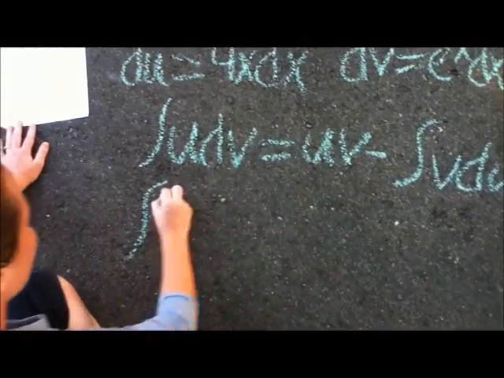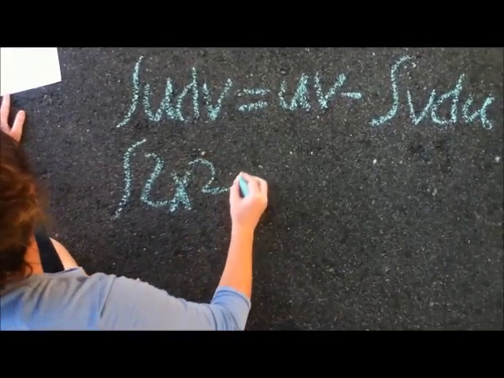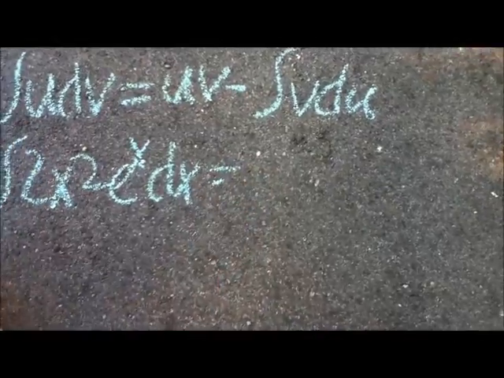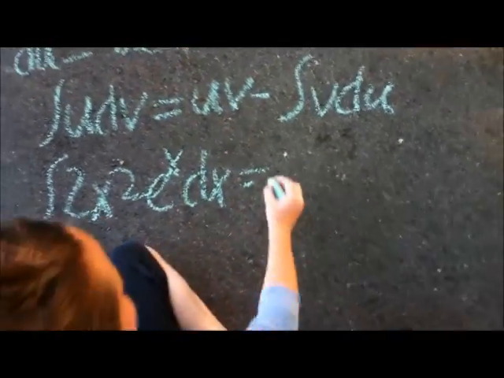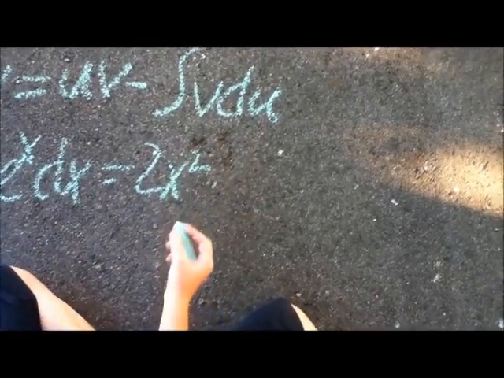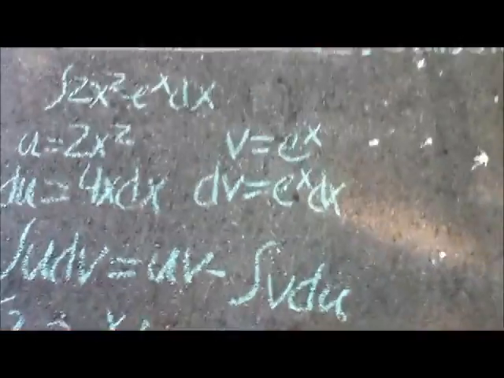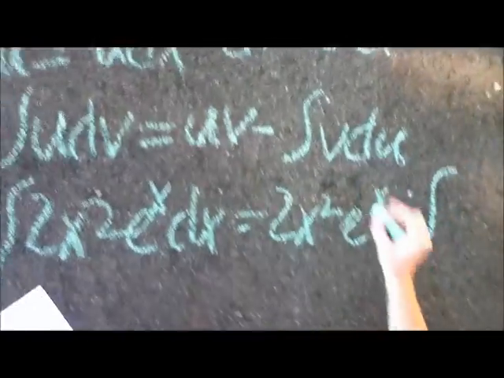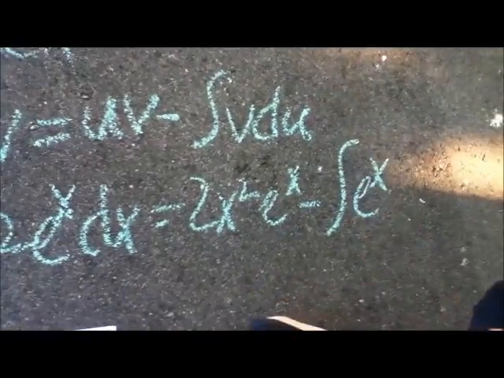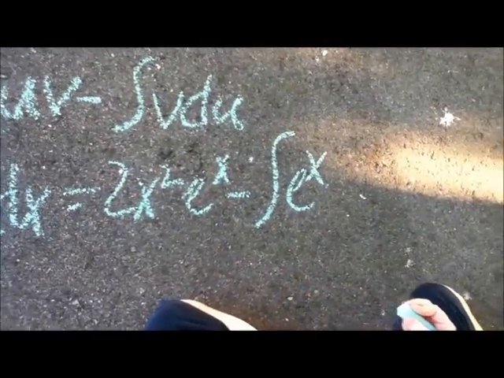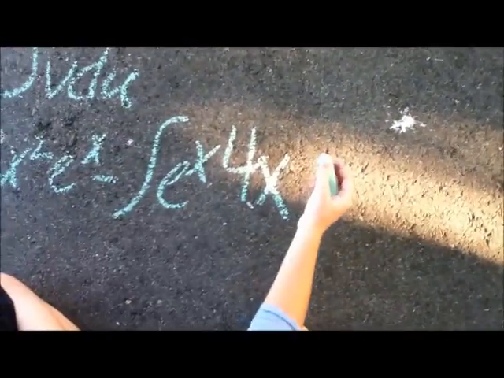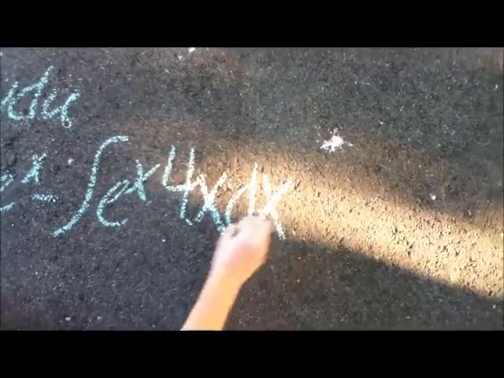So, the integral of 2x squared e to the x dx equals u, which we chose to be 2x squared, times v, which is e to the x, minus the integral of v, e to the x, times du, which is 4x dx.